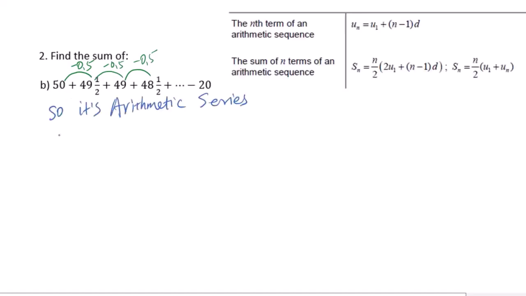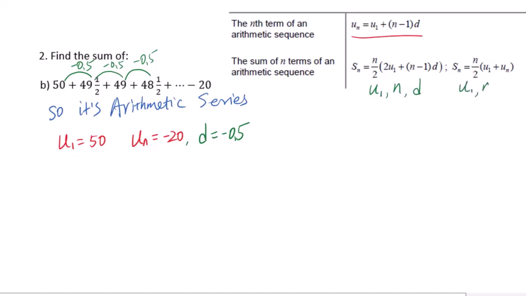Say what's given. We know u sub 1 equals 50. For the last term, u sub n equals negative 20. And also, we know d equals negative 0.5. But we don't know how many terms. For these two formulas, we need to know u sub 1, n, and d. For this formula, we need to know u sub 1, n, and u sub n.